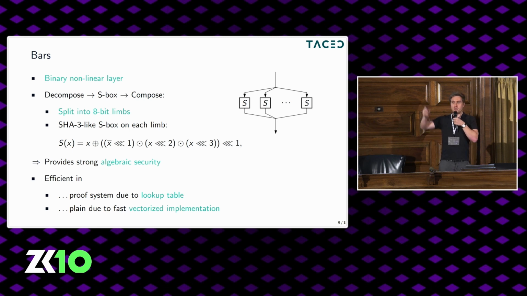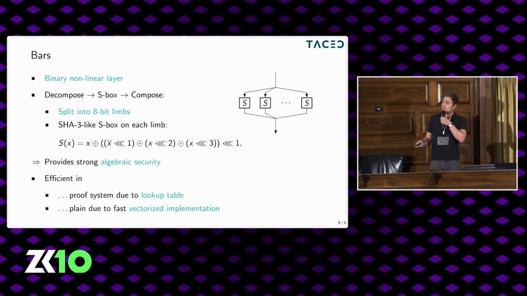So instead of going from a large field element to multiple smaller field elements, we actually decompose the large field element into a bunch of 8-bit limbs. And then we do not apply some arithmetic function, but actually a binary function on these decomposed 8-bit limbs. And the function that we apply here just uses XOR gates, AND gates, and rotations. So this is something that is very, very fast when we implement it in plain.